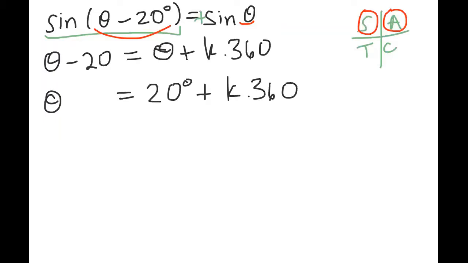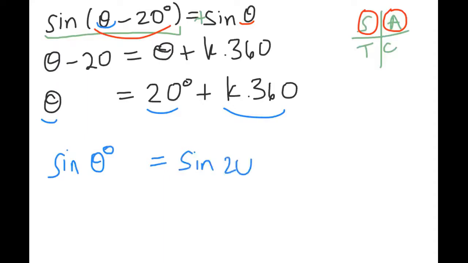But if you think about it, it doesn't look right. Because you have theta, which is 20 plus, but it can't be 20 and minus 20, because 20 minus 20 is 0. So if you look, sine of 0 equals sine of 20, because if theta is 20 and this is 20, so this is sine of 0.